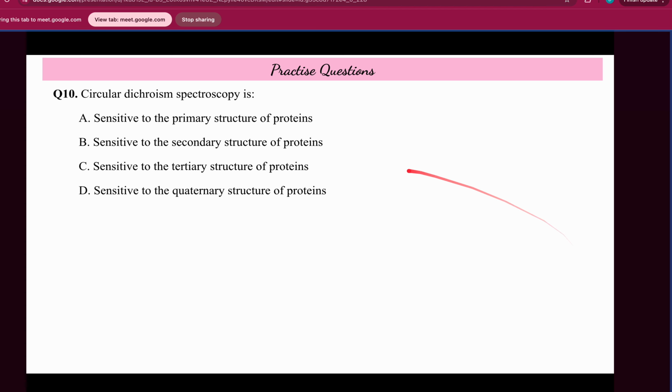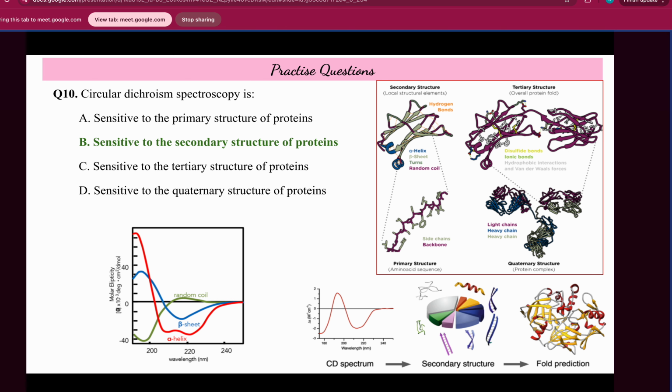Now the last question is circular dichroism spectroscopy is option A sensitive to the primary structure of proteins, option B sensitive to the secondary structure of the proteins, option C sensitive to the tertiary structure of the proteins, and option D sensitive to the quaternary structure of the proteins. Yeah, we have discussed that circular dichroism is sensitive to the secondary structure of the proteins.